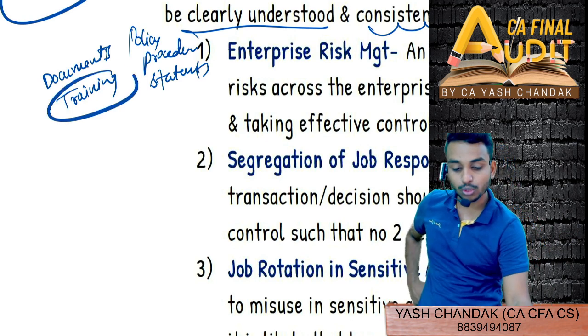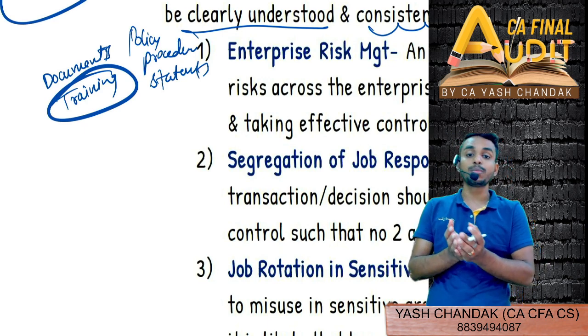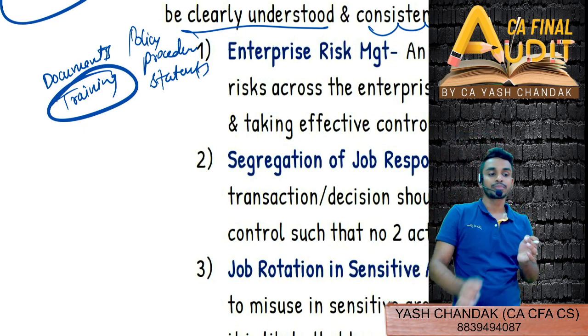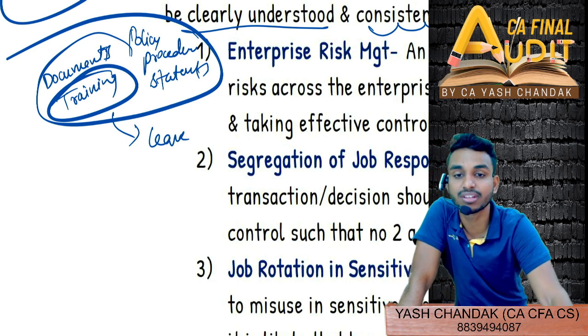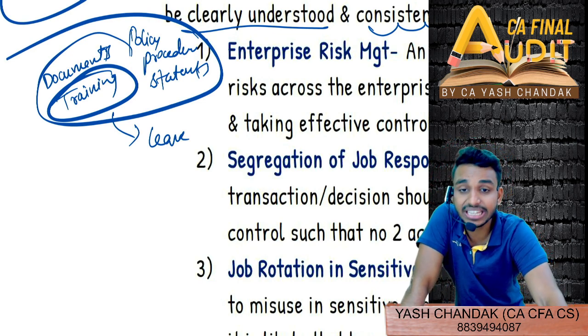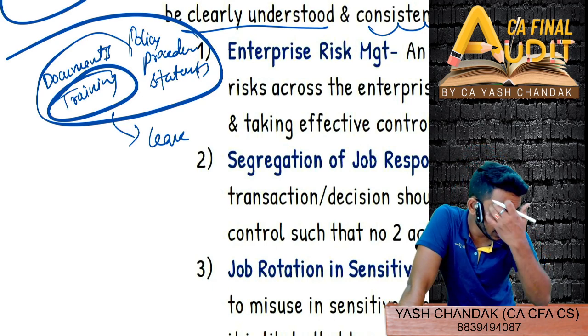Similarly, training will be given to you. All this happens as a part of SOP, standard operating procedure, because even after you leave the entity, the new employee will come and start with this, right? In a way, there is no stoppage in the work.